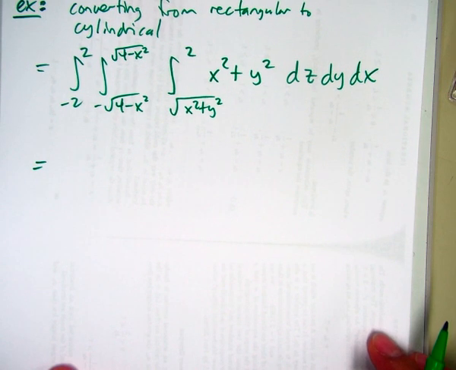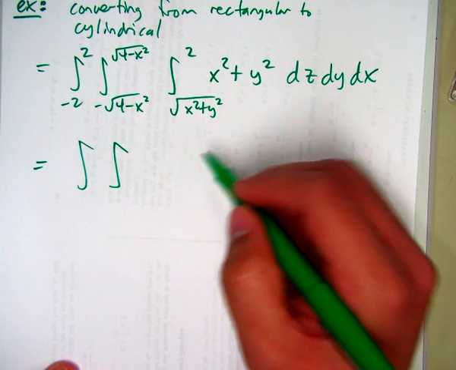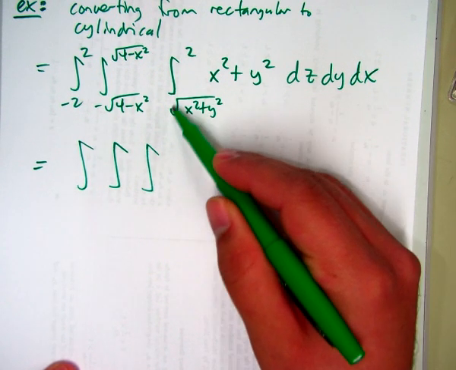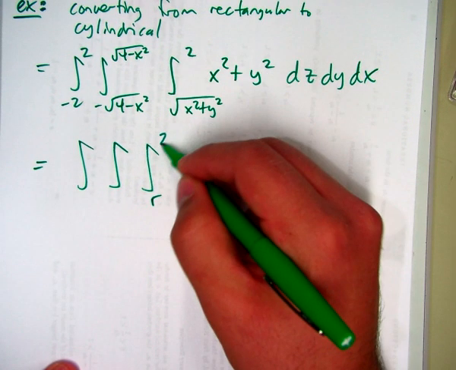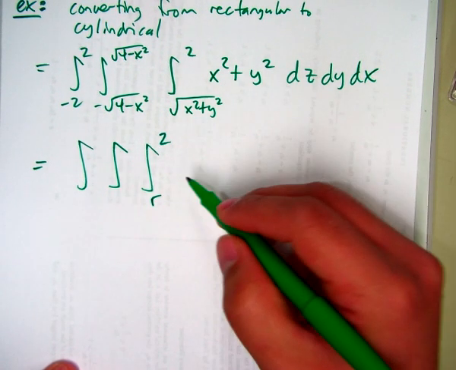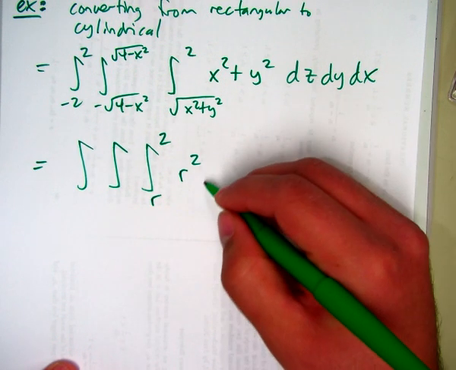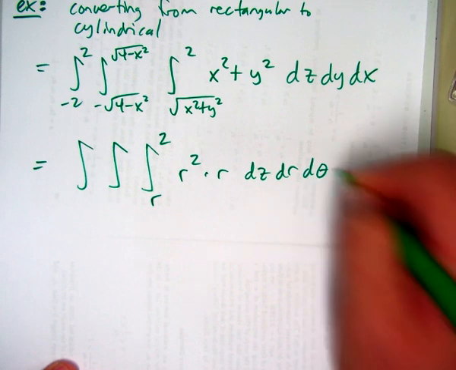Okay. Let's see. We'll worry about the double on the outside in a minute. This represents z, right? What is this going to be if I convert to cylindrical? R. 2 is good. What's x squared plus y squared? dz dy dx becomes r dz dr d theta.